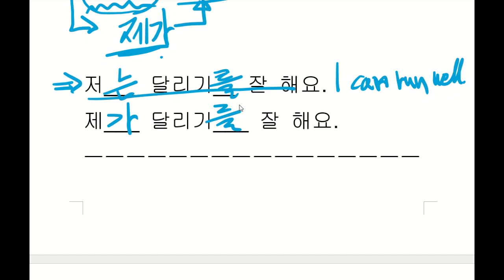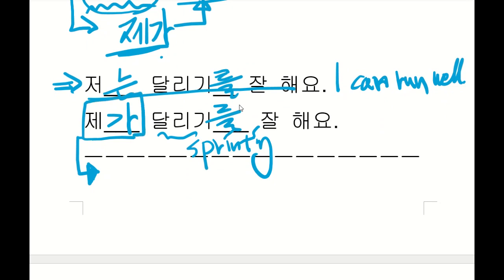But if I say 제가 달리기를 잘해요, then is there anyone who's good at running here? Like could be sprinting. 달리기 could be sprinting. Then I say, I'm good at it. I can run fast. 제가. Not among other people. It's me who's good at it. 제가. Okay.